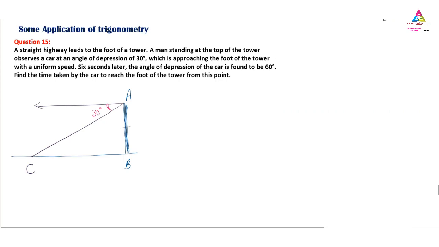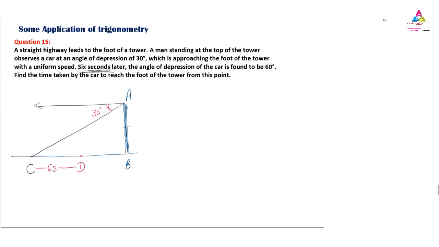Second, he sees the same car once again, after 6 seconds. So after 6 seconds, remember it is not the distance they have mentioned, the car reaches somewhere here, and that point I have taken as D. It is the distance covered in 6 seconds.